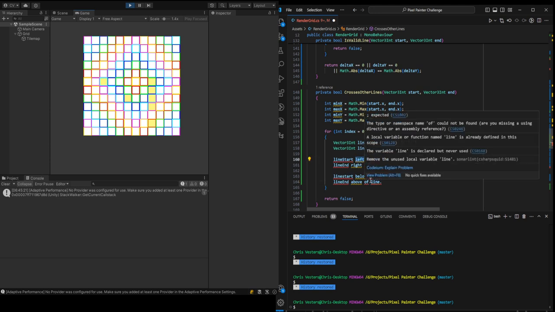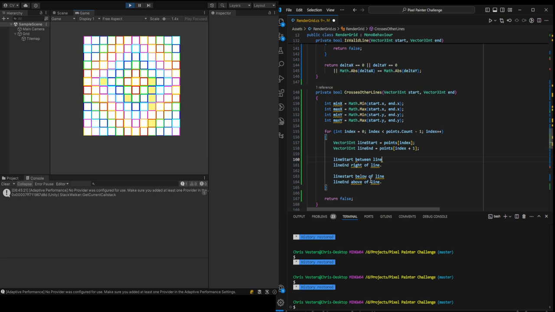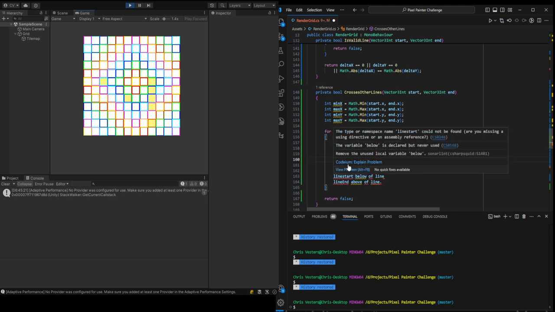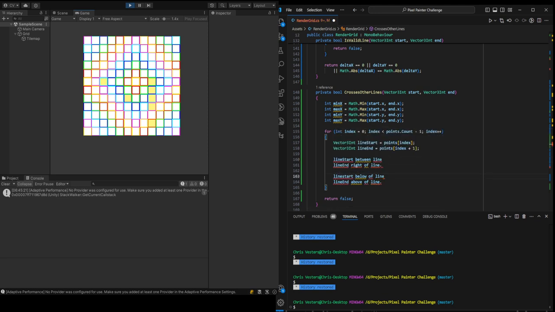So if the line starts between line, and line start is between line, the x, horizontally, you know what? I don't need a very complex system. I wouldn't call it delta x. Okay.